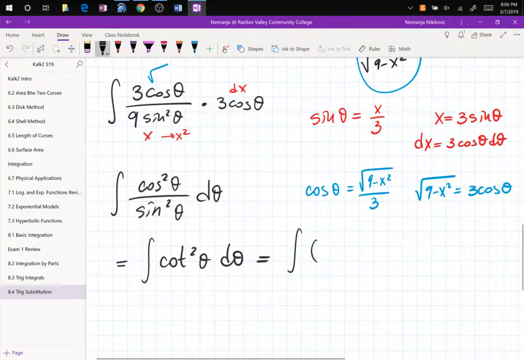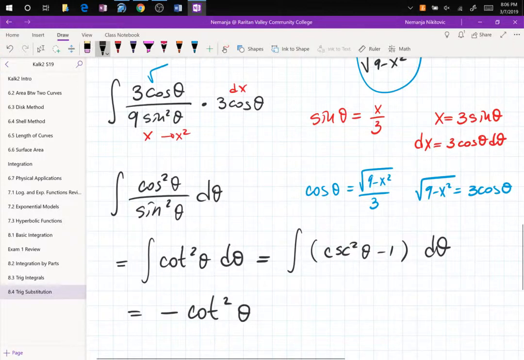Cotangent squared is cosecant squared minus 1. The integral of cosecant squared is negative cotangent theta, and the integral of negative 1 is negative theta, plus c.